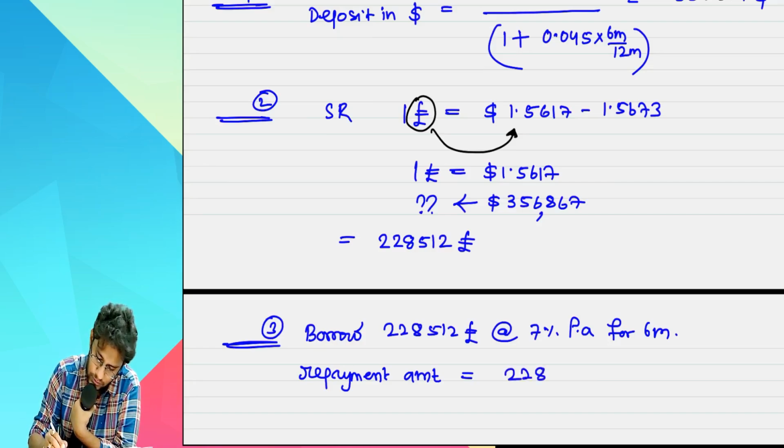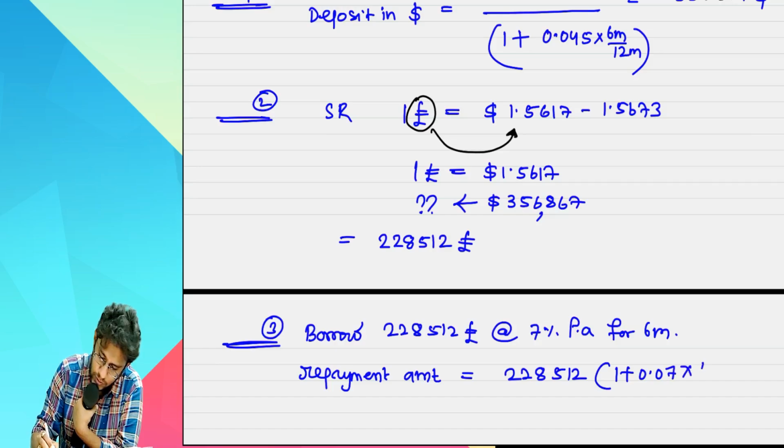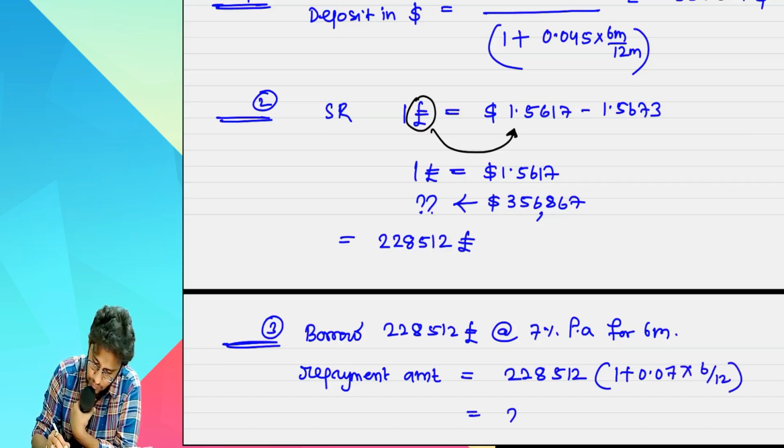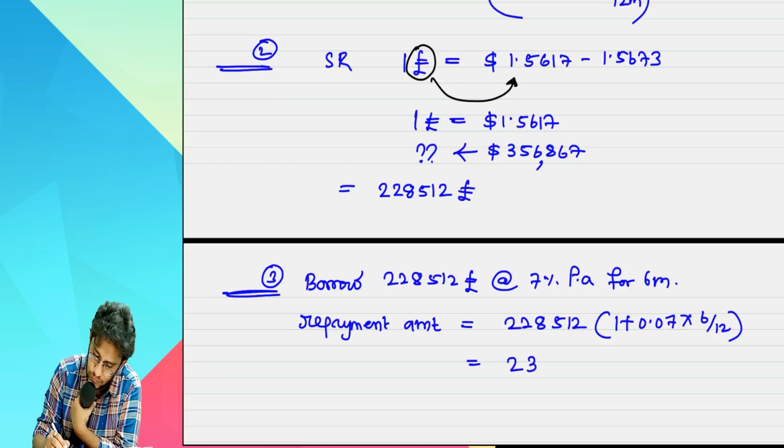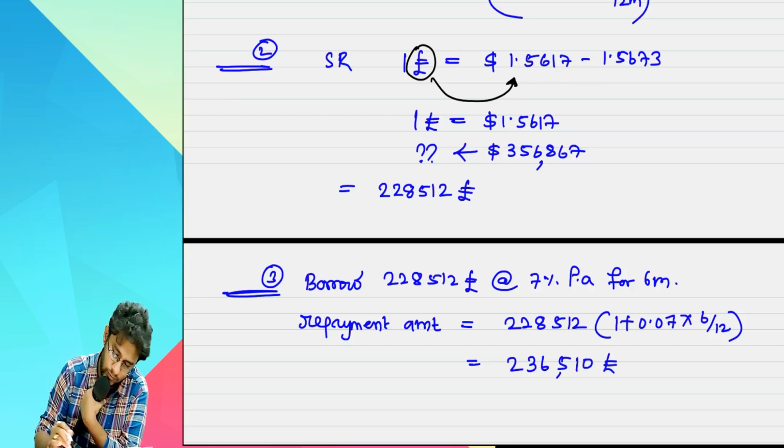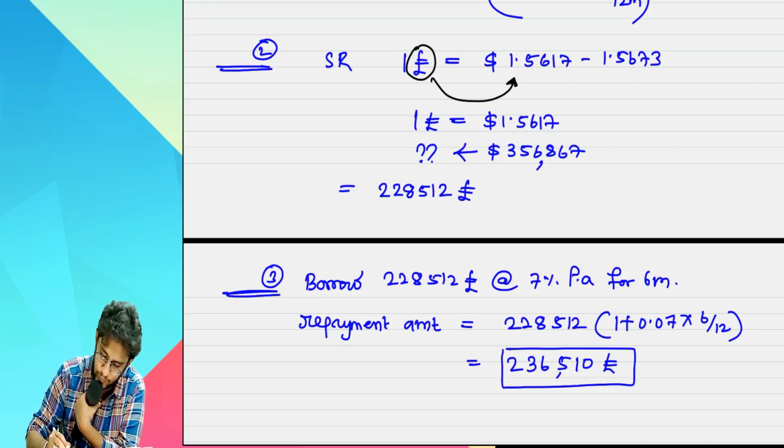Repayment amount is 228,512 into 1 plus 0.07 into 6 by 12. 510. That only. This is your ultimate outflow.